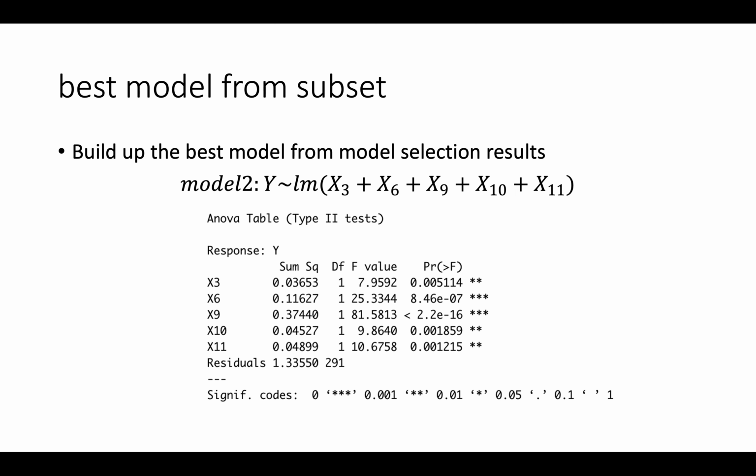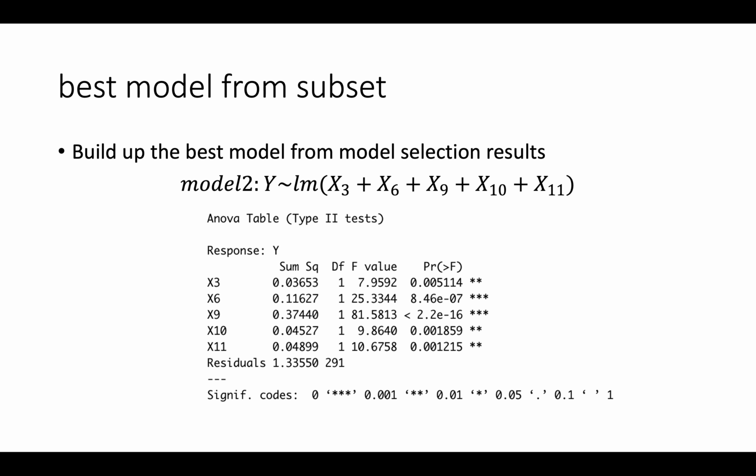Then I built the best model from the model selection results, using X3, X6, X9, X10, and X11. And the ANOVA table shows that even given the other variables, for example given X6, X9, X10, and X11, X3 is still significant and has a significant impact on Y.